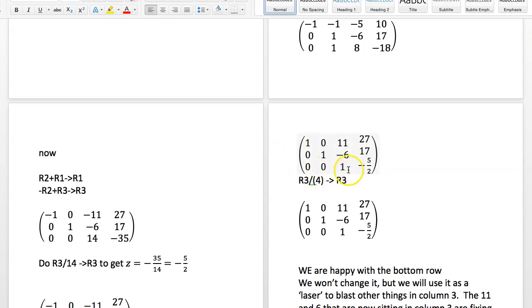So I'll write him twice. No loss. Well, what I need to do is that -5 halves.